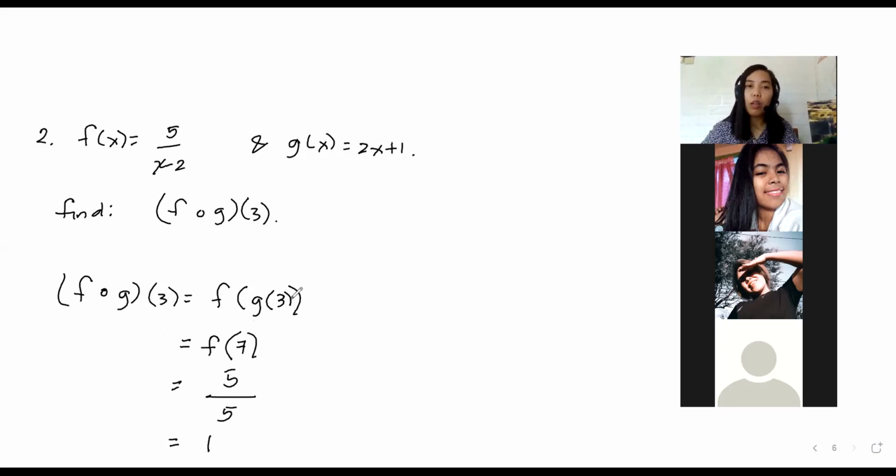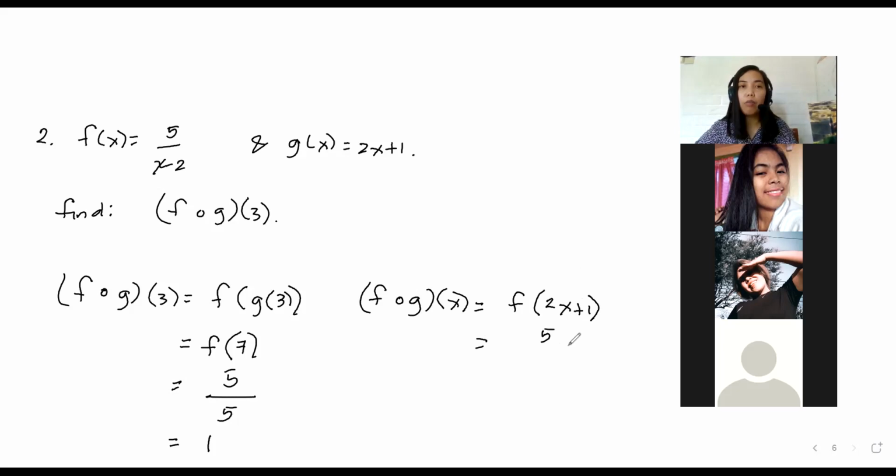Okay, kung gusto nyo, ayaw nyo munang i-substitute yung sagot. Halimbawa, f composite g of x. So you will have f, then g of x, which is 2x plus 1. Then substitute this in f. So you will have 5 over, x is 2x plus 1, minus 2.